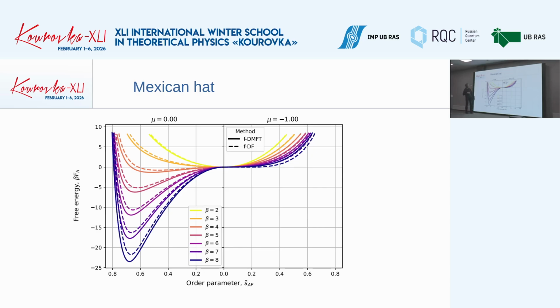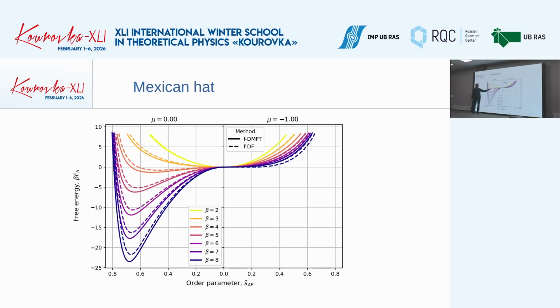So what do we have? First, we have something like a parabola, and then at beta between 3 and 4, suddenly the curve becomes Mexican hat shaped. So there is a minimum here. The position of this minimum is a solution of the DMFT. So DMFT is like neglecting the fluctuations in the theory.